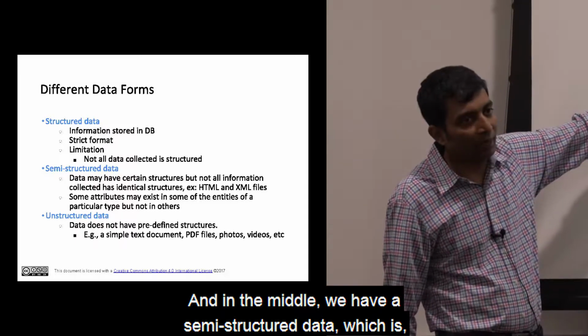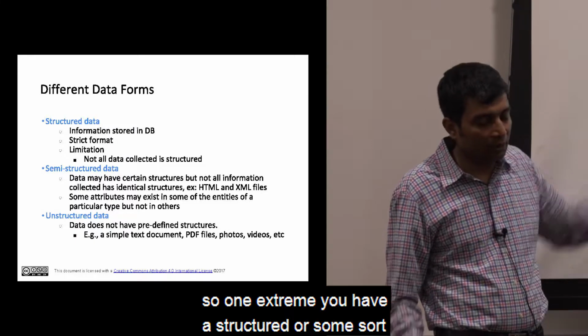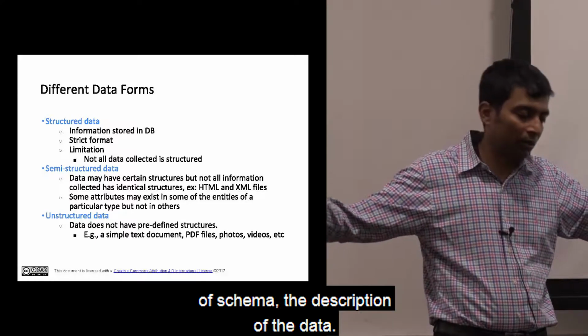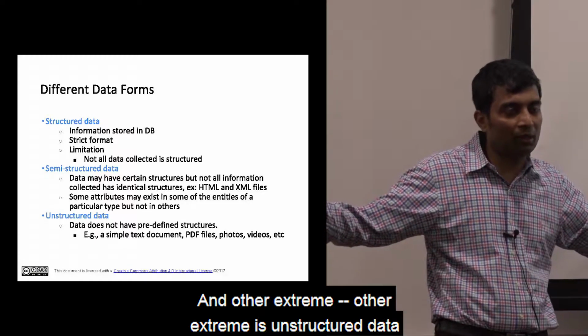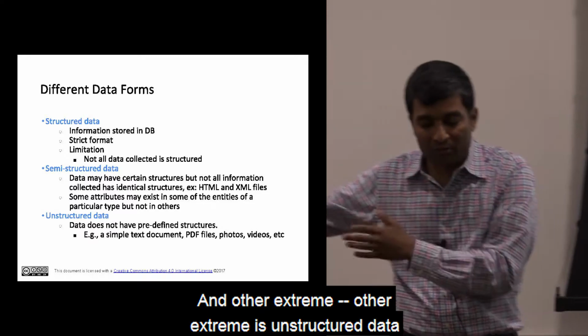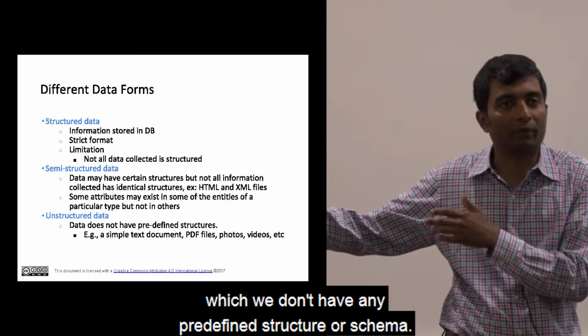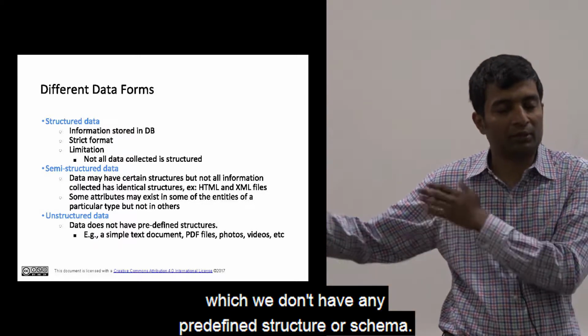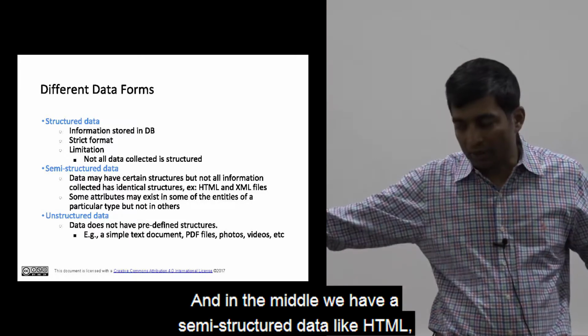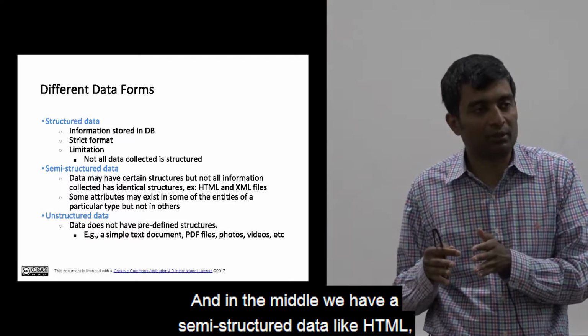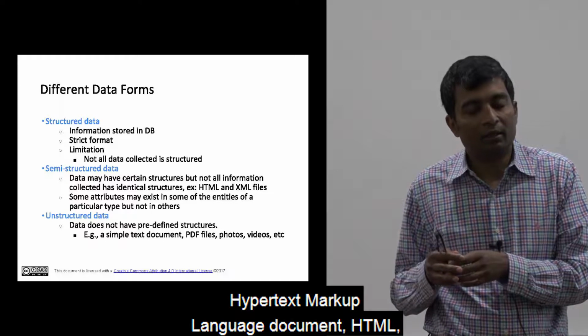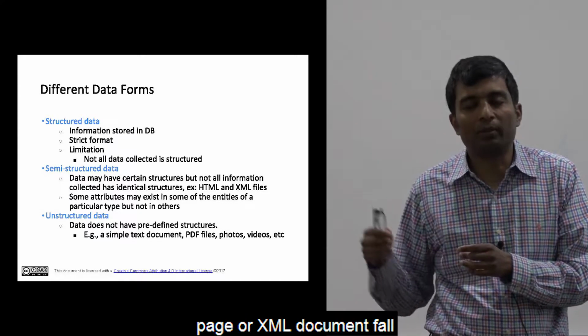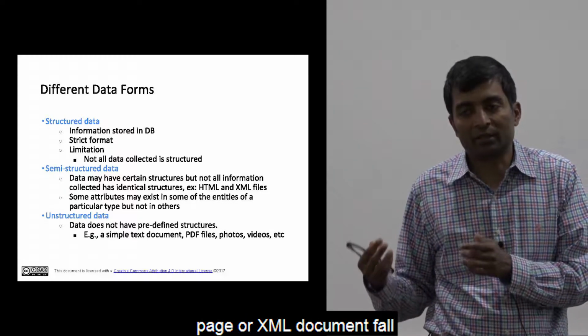And in the middle, we have semi-structured data. At one extreme you have a structure or some sort of schema describing the data, and at the other extreme is unstructured data, which doesn't have any predefined structure or schema. In the middle, we have semi-structured data like an HTML, hypertext markup language, page, or an XML document.